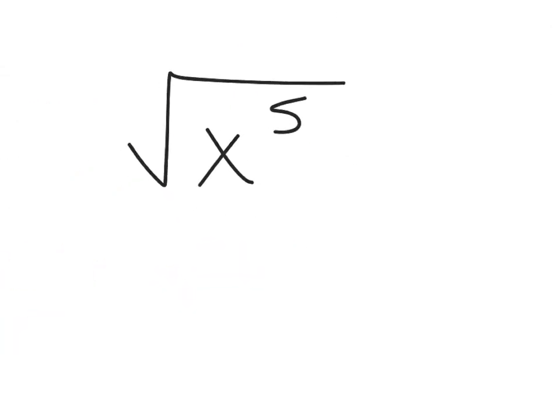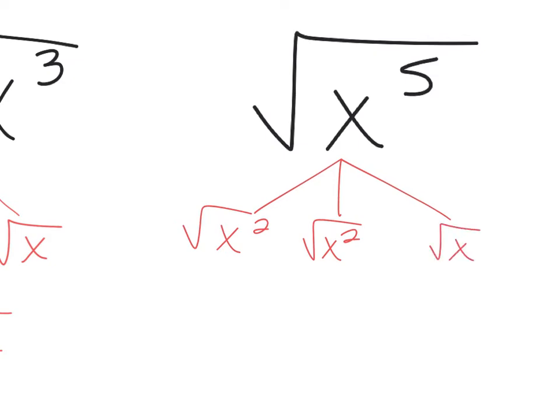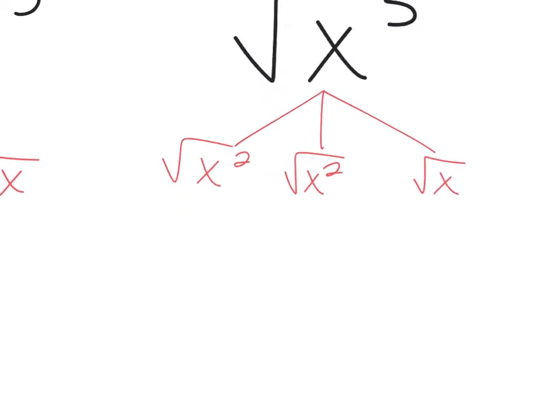One more of these, so this would be x to the 5th. This is actually going to break up into 3 things. I always write it out as x squared, as many times as I need, and then we just have a solo x left. So the square root of x squared is x, again x, and that last one you can't do anything with.